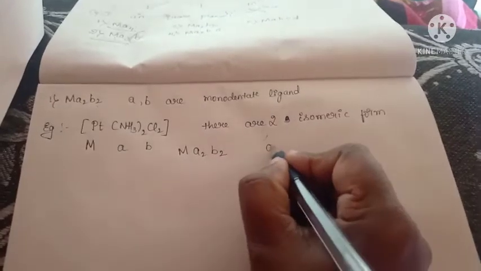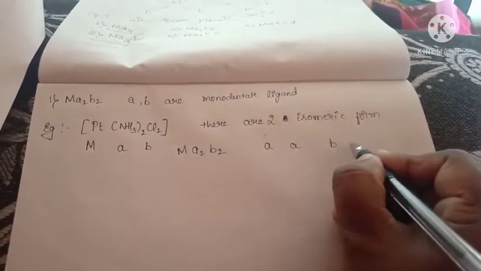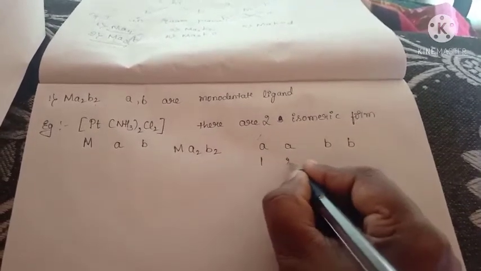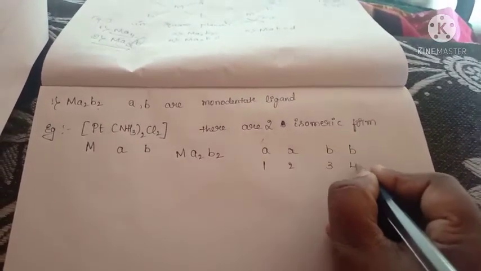Ma2B2 means A, A, B, B. We will consider them as 1, 2, 3, 4.